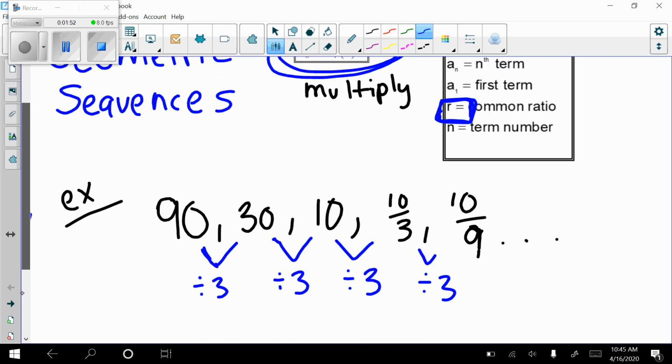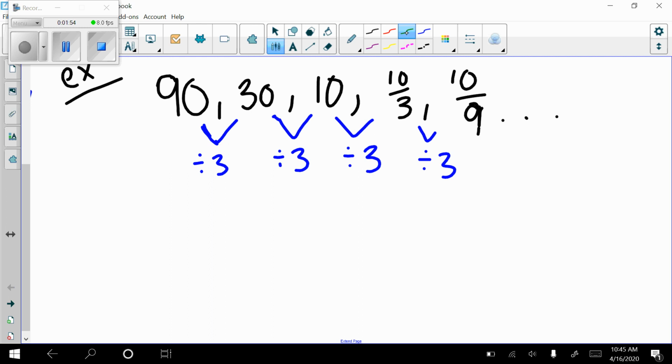And for writing the equation of this sequence, we're still starting with A1, which is the first number in the list. That would be 90. But for our R, because we're dividing by 3, I want to write it as a multiplication. This is the tricky part about this.